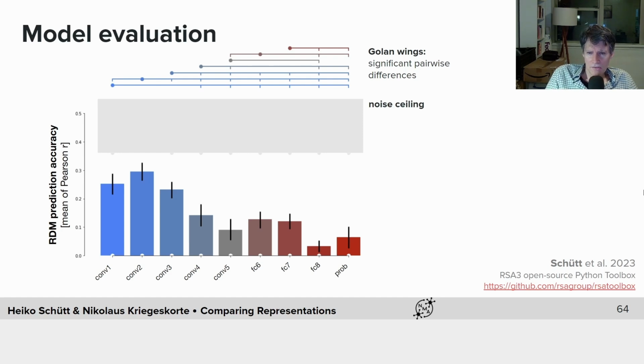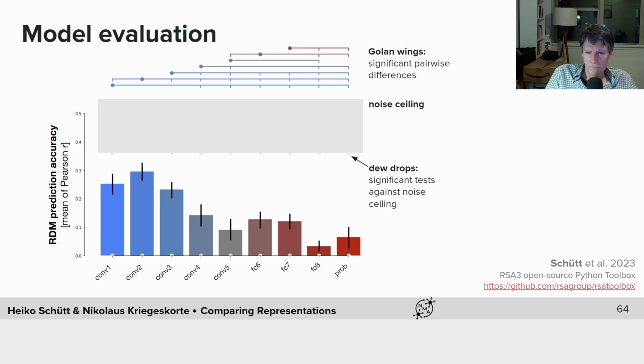And then importantly, here's the noise ceiling, which has an upper bound and a lower bound, and it gives us an estimate of the range in which we would expect the true model, if it were one of our models, to fall in terms of performance, given the noise and the intersubject variability in our data.